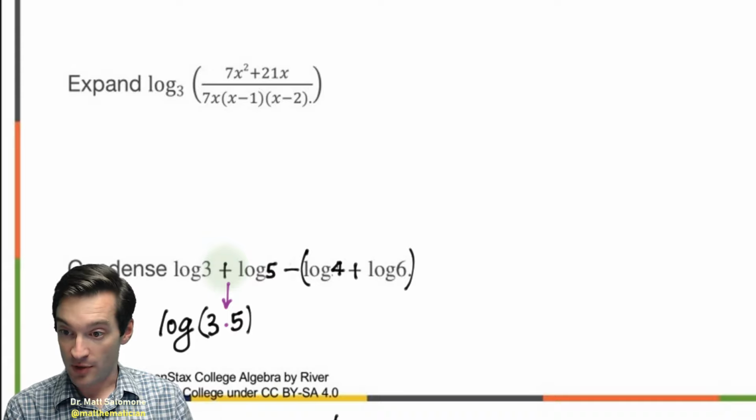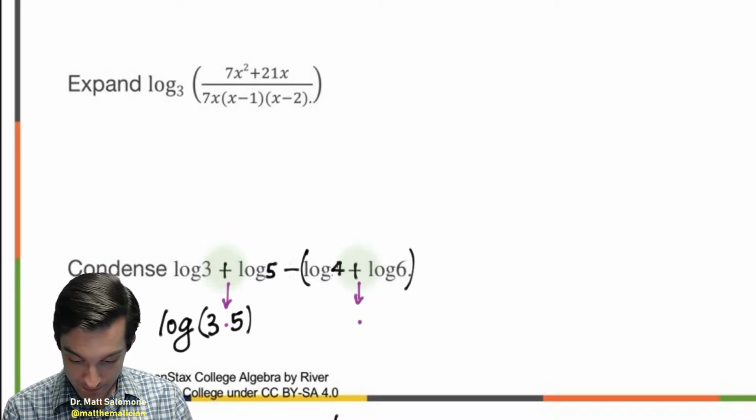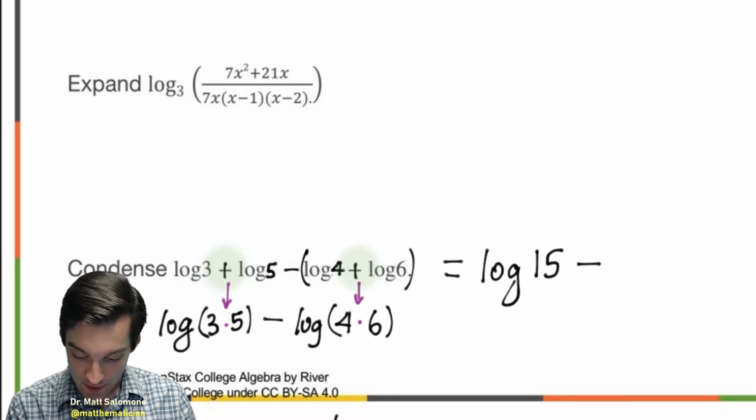When I do that, this becomes log 4 plus log 6 on the inside. And that lets me once again use the product to sum property to turn this into multiplication, 4 times 6 inside of my log. And I still have that minus. So what I'm going to end up with here is the log of 15 minus the log of 24.